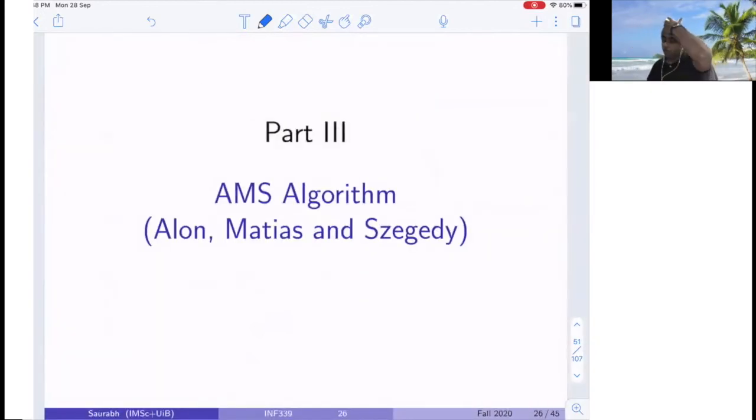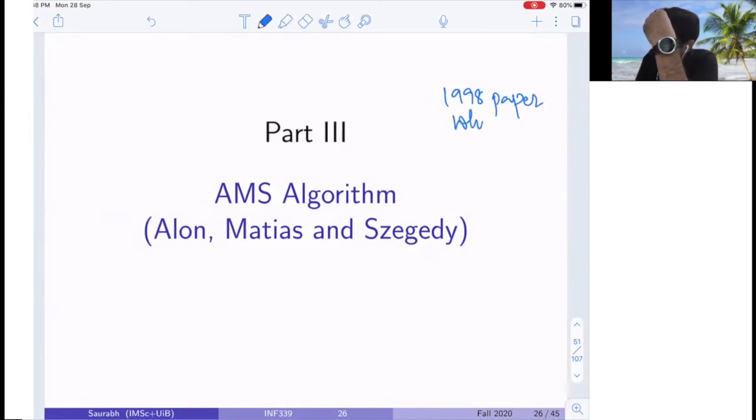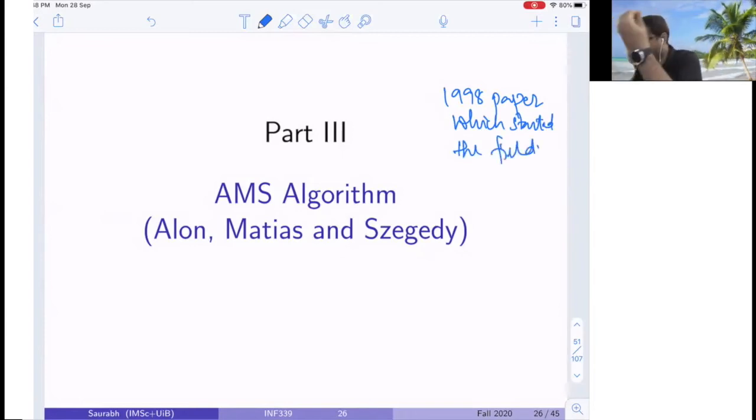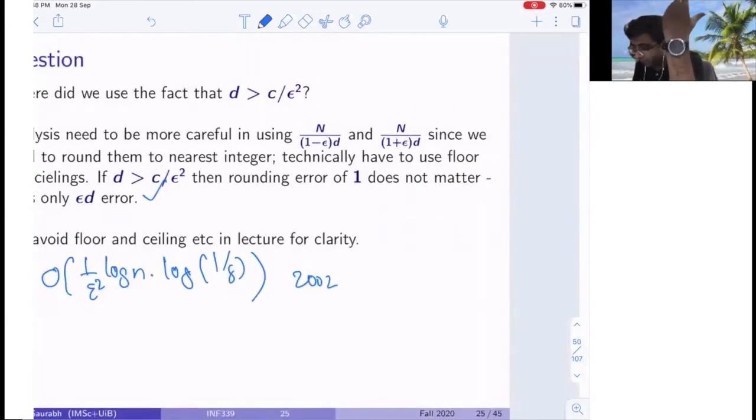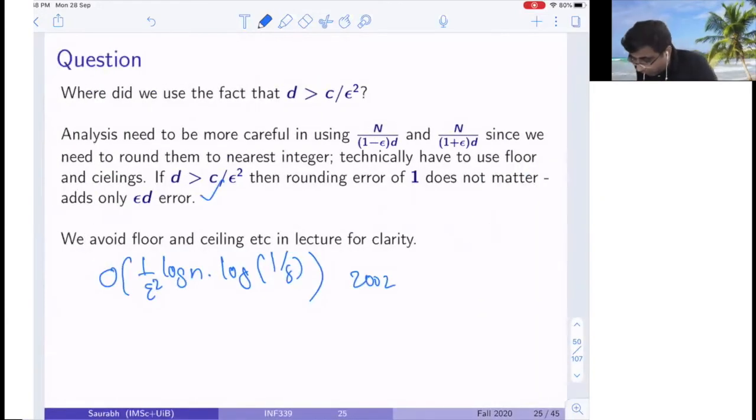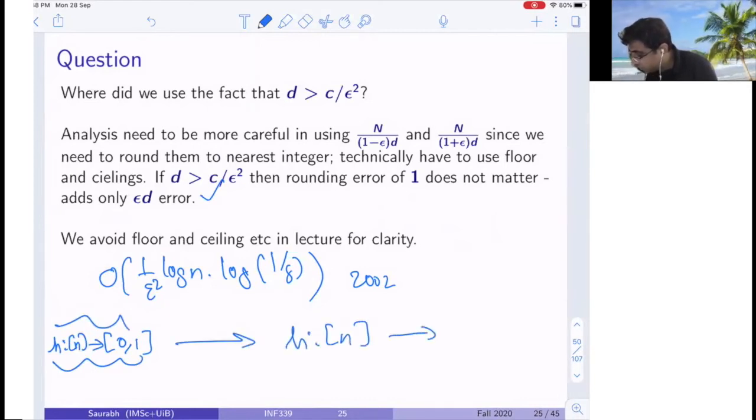Now I'm going to tell you an algorithm called the AMS algorithm, Alon, Matias, and Szegedy, from a 1998 paper which started the field. It is a slightly different way. The reason I presented the first algorithm is that it was trying to adapt the idea of this idealized hash function to a real hash function by discretizing.